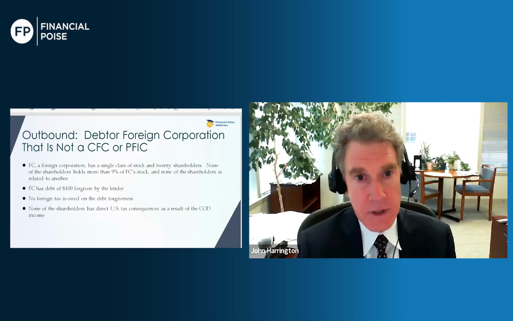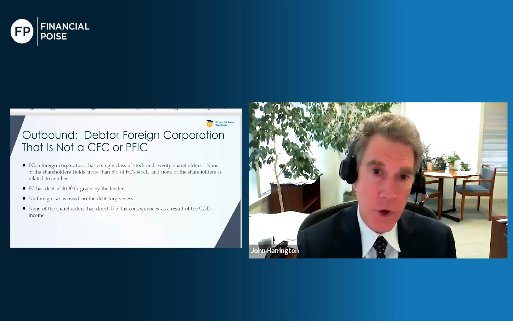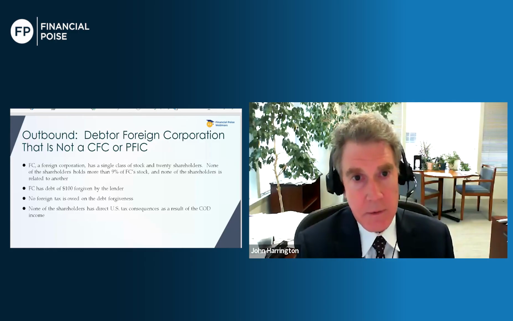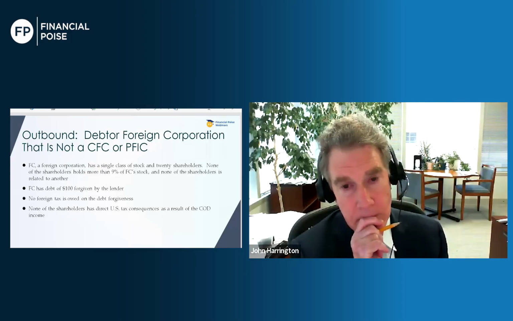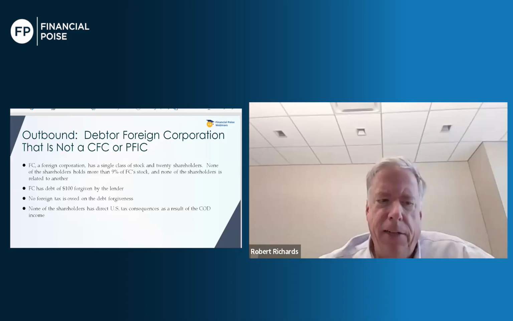So this is intended to illustrate not just the impact in these particular cases, but also the contrast: it can matter to the shareholders of a foreign corporation, but it really depends on the circumstances. And that's it for me. David or Stephanie, any other observations on this scenario?